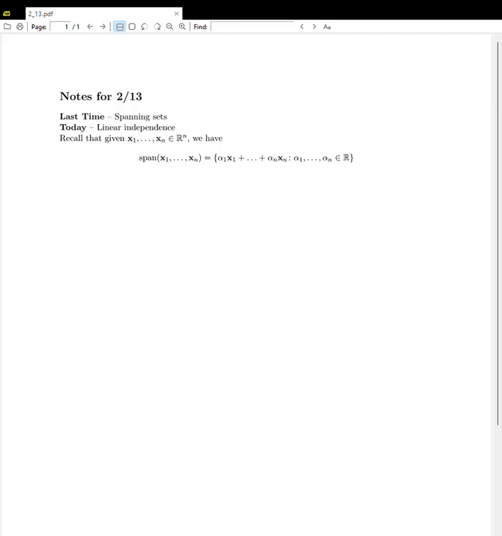Well, before, when we were taking our spans and simplifying them, we were always having the same number of elements. So those two that we looked at, we had two things that we're looking to span, because as we learned, spanning one element isn't particularly exciting. It's just the collection of all scalar multiples, so a line through the origin is the way to think of that.